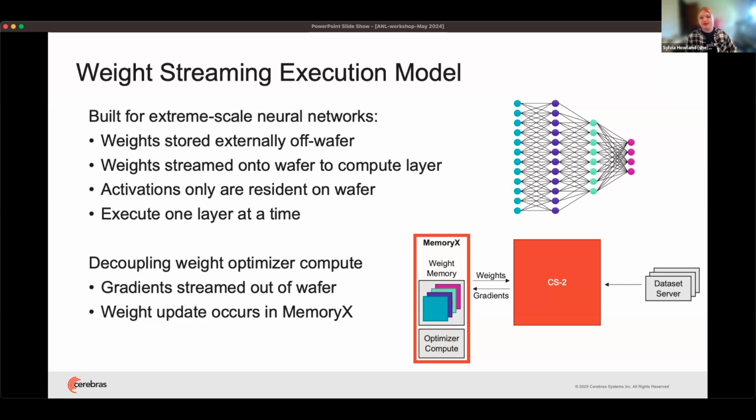At the same time, for the memory X, we can have a lot of memory, but we only need enough compute to efficiently do our optimizer updates, which is a much lighter set of compute than what we need for all the hardcore machine learning number crunching happening on the CS2s. So again, a very nice, decoupled, highly efficient process.